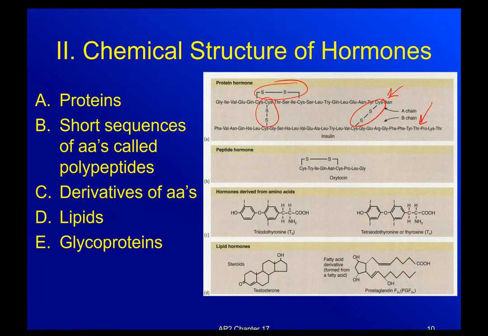And then finally, we have glycoproteins. Glycoproteins are going to be a combination of a protein and a sugar. Now you might go, okay, but we've got proteins. Why do we need proteins and sugar combinations? Well, it kind of depends. If you want your hormone to have kind of a longer shelf life in the body, you make it slightly different than what the body normally sees.